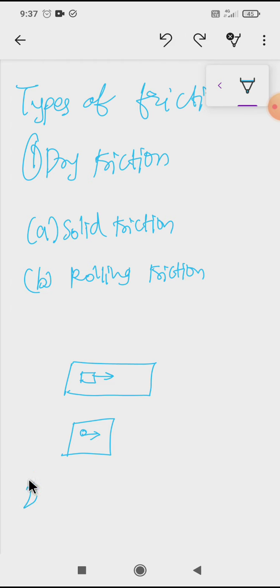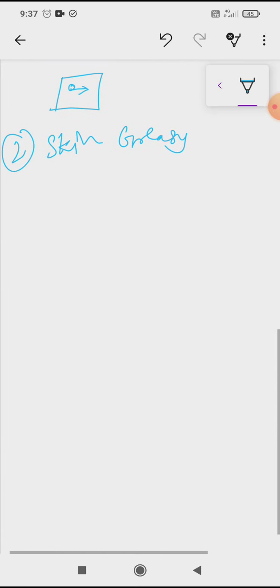Now the second type is skin or greasy friction. What do you mean by skin or greasy friction? When two surfaces in contact have a minute thin layer of lubricant between them, it is known as skin or greasy friction. Higher spots on the surface break through the lubricant and come in contact with the other surface.